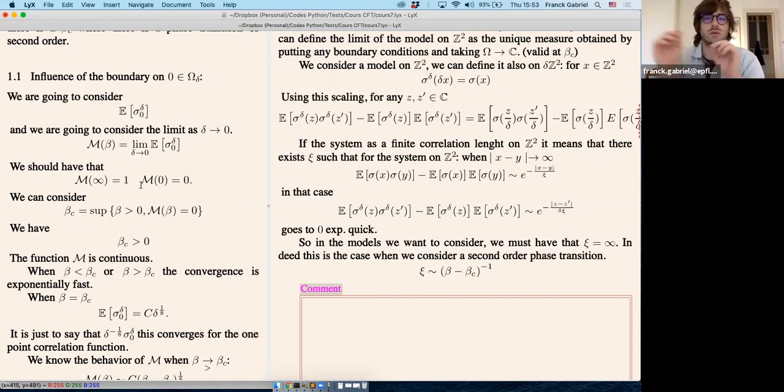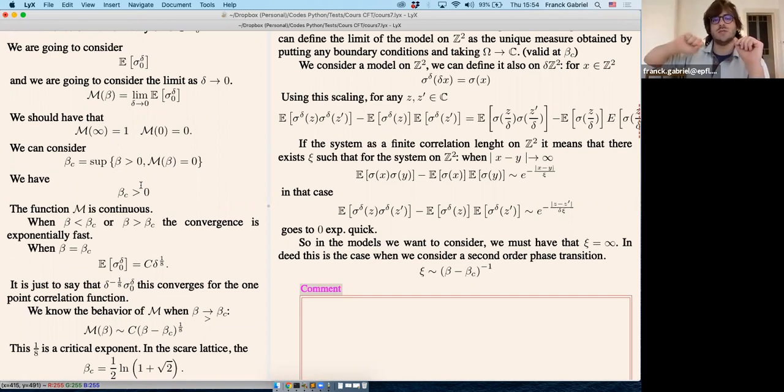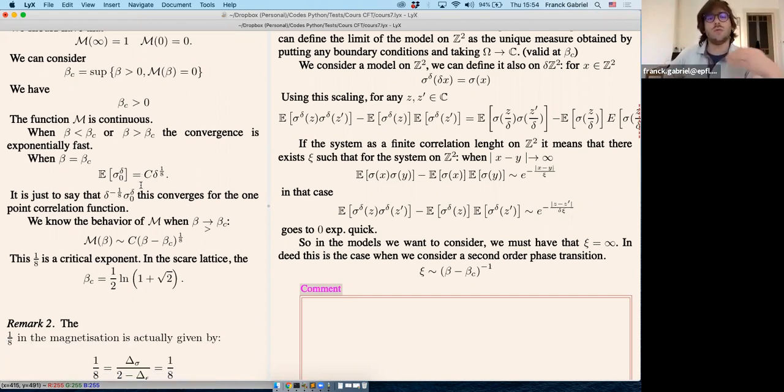We saw that it should be equal to 1 at infinity, and it's equal to 0 until a certain moment, which is this beta critical. After this beta critical, it's strictly positive, but there is no jump. And the behavior of this magnetization at beta critical is given by a certain power law. And this power law, as I told you, can be computed if you know the dimensions of the primary fields of the CFT which describes the scaling limit of the Ising model.